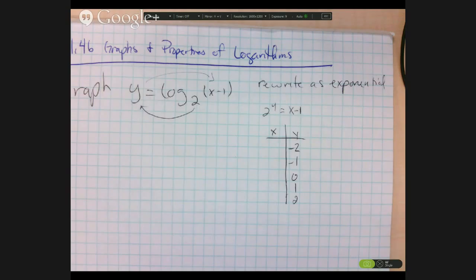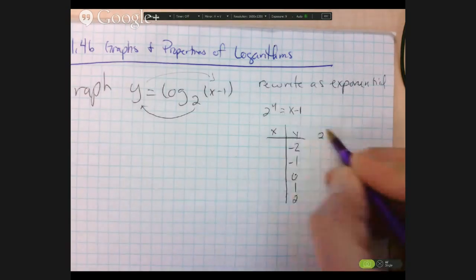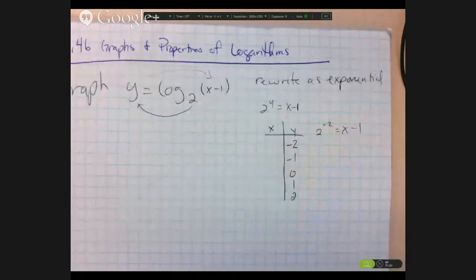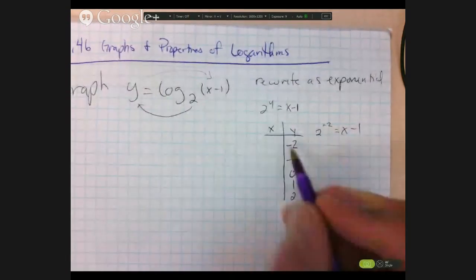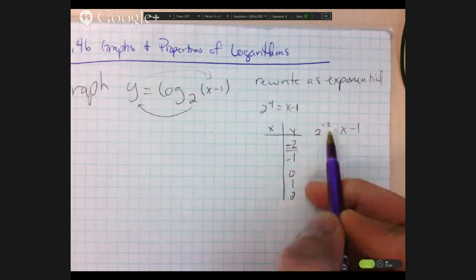So if we're going to do -2, we'll have 2 to the -2 equals x minus 1. Right here, it's my y value. Put it in the y value spot.